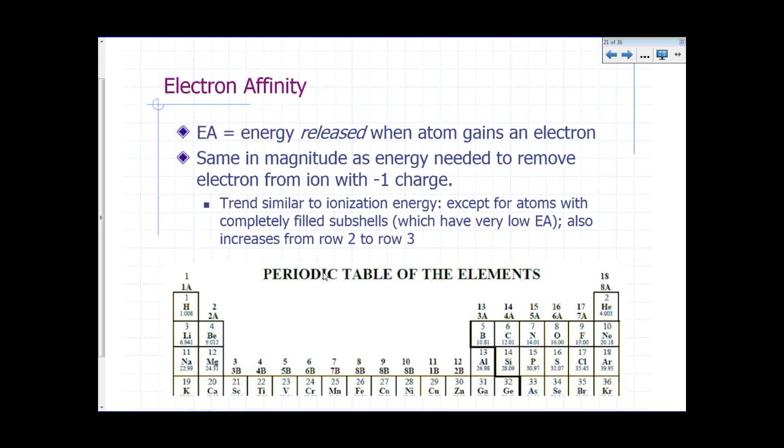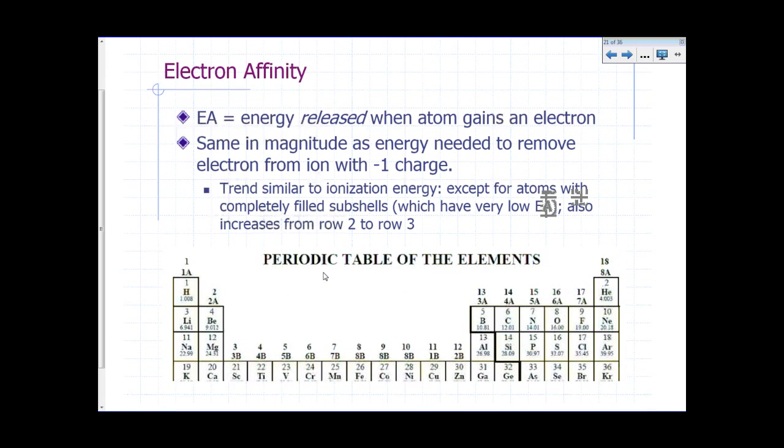Now, a word about electron affinity. Electron affinity is defined as the energy that's released when an atom gains an electron. So we said that fluorine, when it gains an electron, does release energy. Now, you can think of electron affinity as really the ionization energy for the ion with a -1 charge. Think of it this way. A fluorine atom in the gas phase plus an electron gives you F minus. The energy that's released is called the electron affinity.